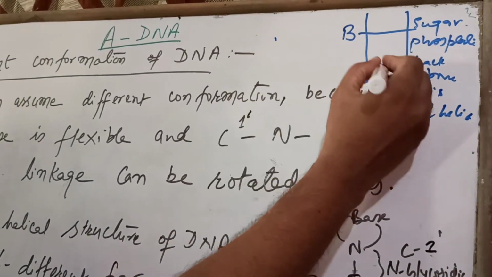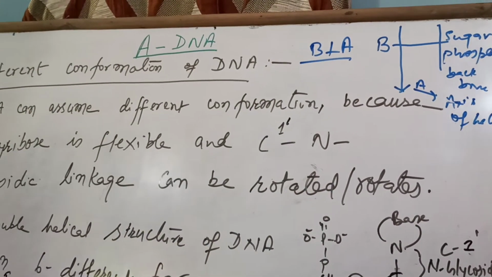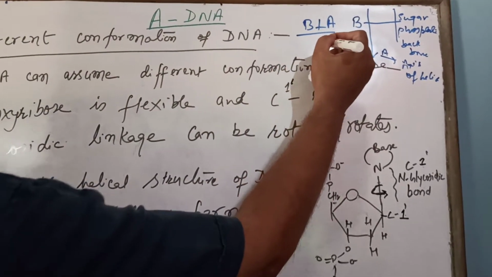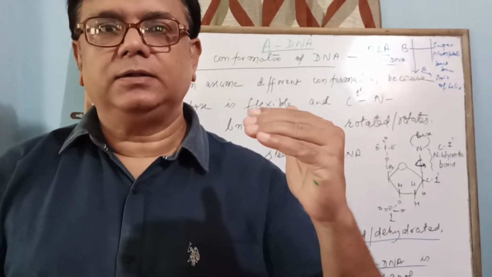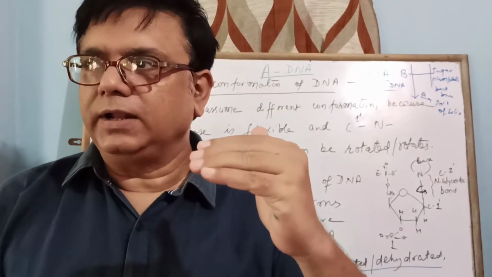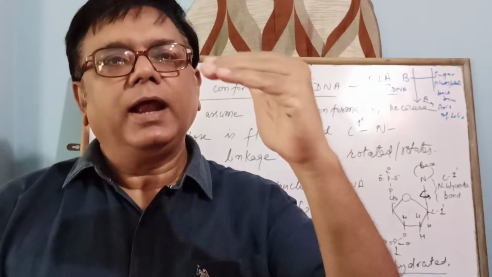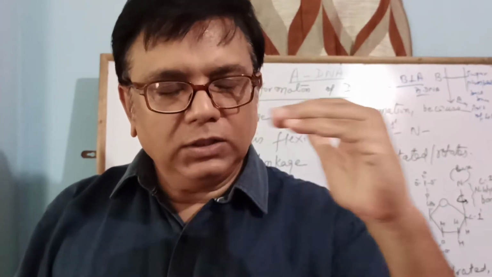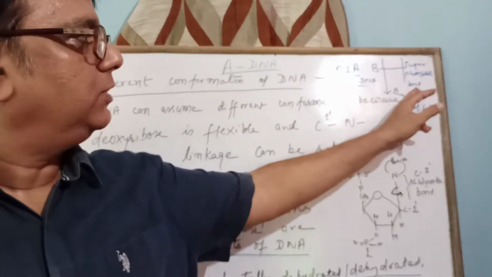In B-DNA, the base pairs are at right angles to the axis of the helix, horizontal. But in A-DNA, the bases which were horizontal do not remain horizontal, that is, no longer perpendicular to the helix axis.